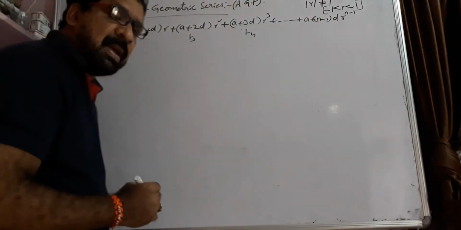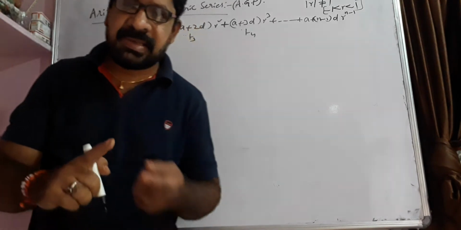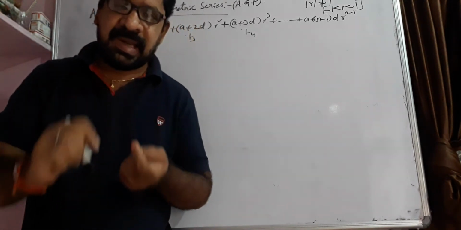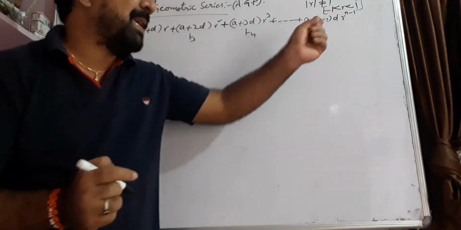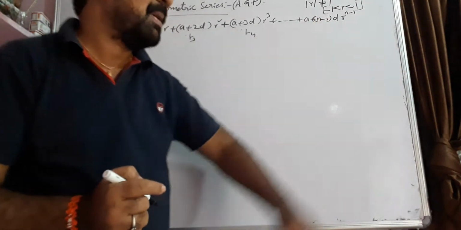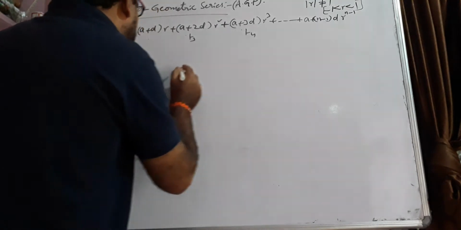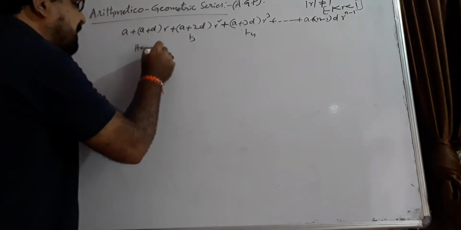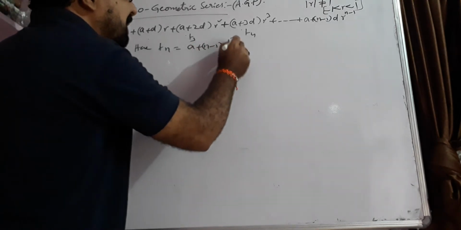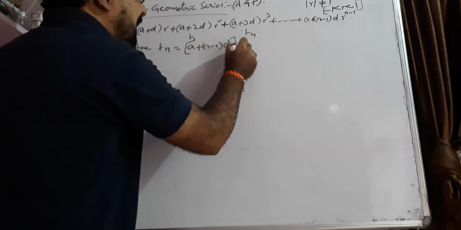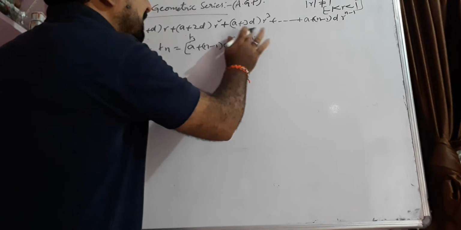In this we are mainly going to discuss the sum of n terms in AGP and the sum of infinite terms in AGP. Of course, this is the nth term in AGP: Tn is equal to A plus n minus 1 into D into R power n minus 1.